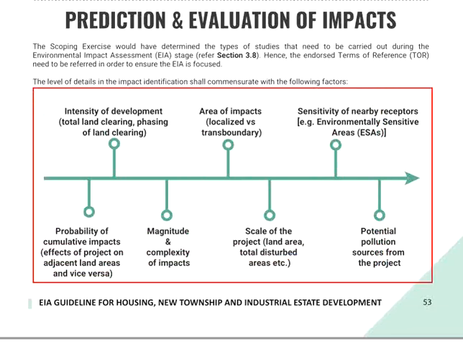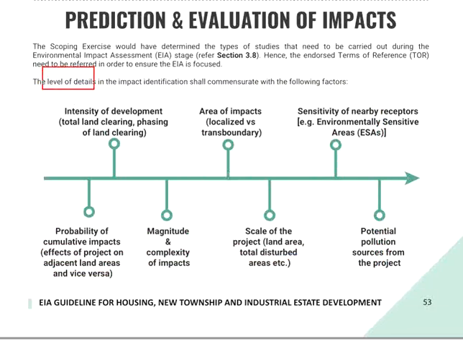These are the factors that govern the levels of details for evaluating the impacts, such as the probability of cumulative impacts, intensity of the development, magnitude and complexity of impacts, areas of impacts, scale of the project, sensitivity of nearby risk sector, and potential pollution source from the project.